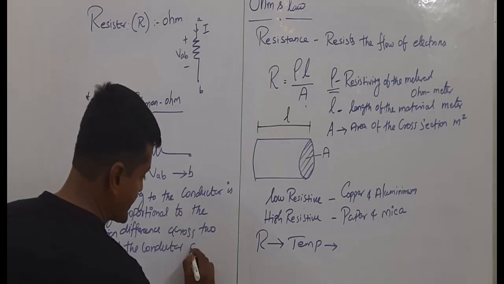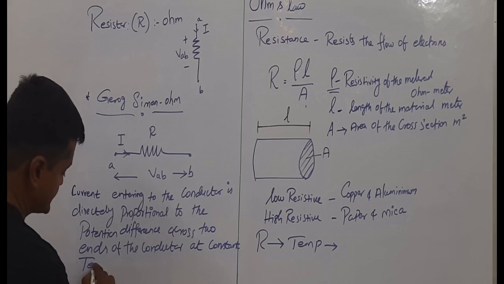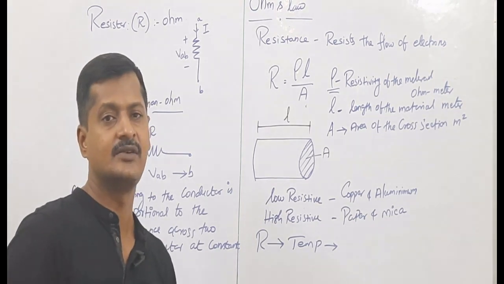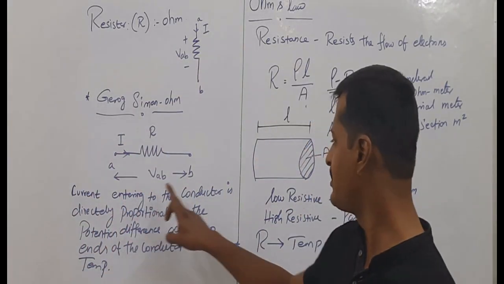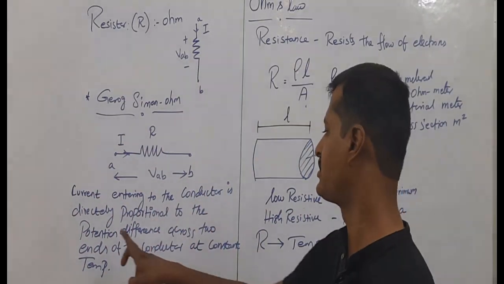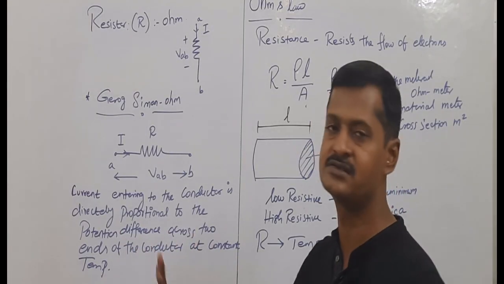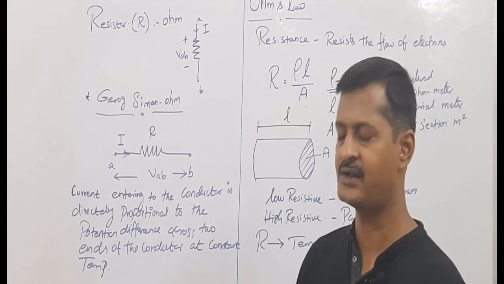One more thing, constant temperature. At constant temperature is a very important step. So current entering the conductor is directly proportional to the potential difference across the two ends of the conductor at constant temperature.